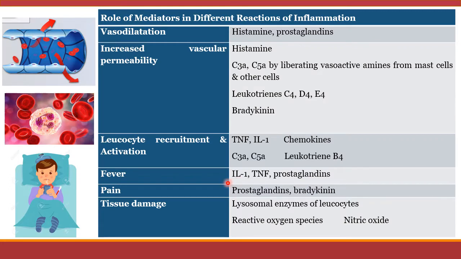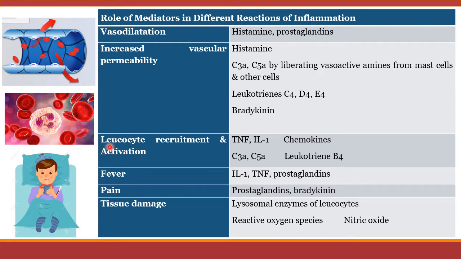Then now we come to the most important question. What are the functions of those different chemical mediators? Or we can ask ourselves the question in an opposite way. In each step of acute inflammatory response, what are the involved chemical mediators? So we have key steps in the acute inflammatory response, like vasodilatation and increased vascular permeability.